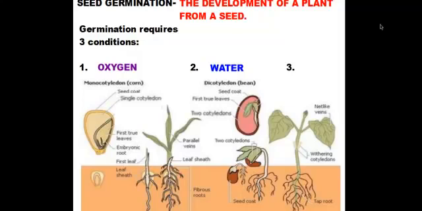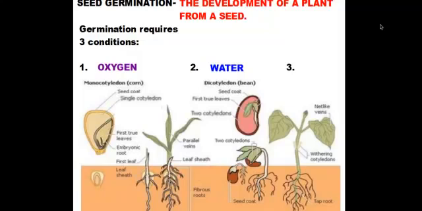However, we do need one more condition, and a lot of kids think it's sunlight. And I'm going to tell you right now, it's not the sunlight. The sun does play a part of it, but it's not sunlight. And the reason being is this. If you take a look at the seeds here, first of all, do they have any leaves on the outside? No, they don't. The embryos have the leaves, which are on the inside of the seed.